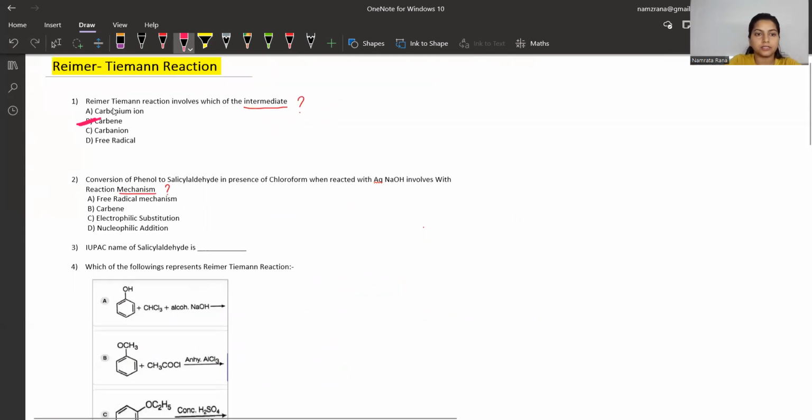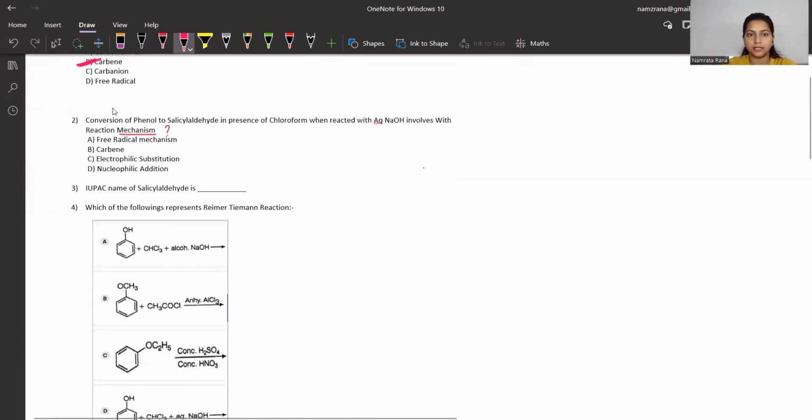So the second question is conversion of phenol to salicylaldehyde. Now you need to depict it yourself that, okay, phenol is given and it is converting into salicylaldehyde. So yes, it is Riemann Tiemann reaction. In presence of chloroform, yes, now you are very sure that yes, chloroform and aqueous NaOH, it is 100% Riemann Tiemann reaction. It is asking about the reaction mechanism.